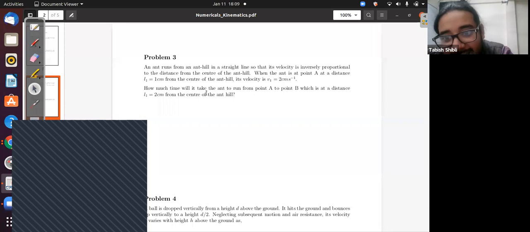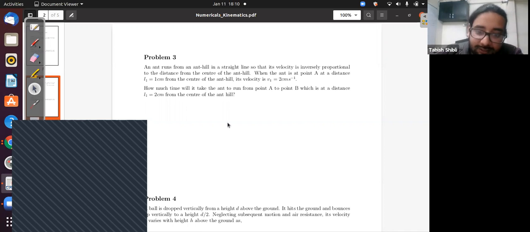When the ant is at a point A, at a distance L1 equal to 1 centimeter from the center of the hill, its velocity is given to be 2 centimeter per second. How much time will it take for the ant to run from point A to point B, which is at a distance of L2, which is 2 centimeter from the center of the hill?